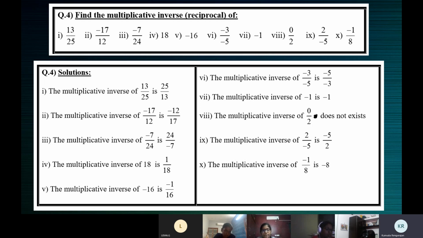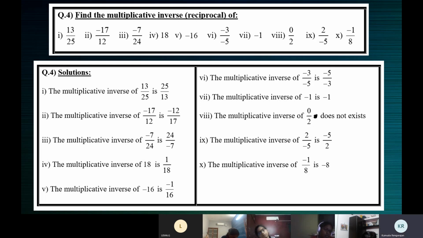Yeah, multiplicative inverse means 0 multiplied by what can give us 1. Reciprocal of it, ma'am. Yeah, the reciprocal of it, which does not exist, because 0 is 0 by 1, 0 by 2, 0 by 3, it is 0. But the reciprocal is 1 by 0, which does not exist at all. It's not defined.